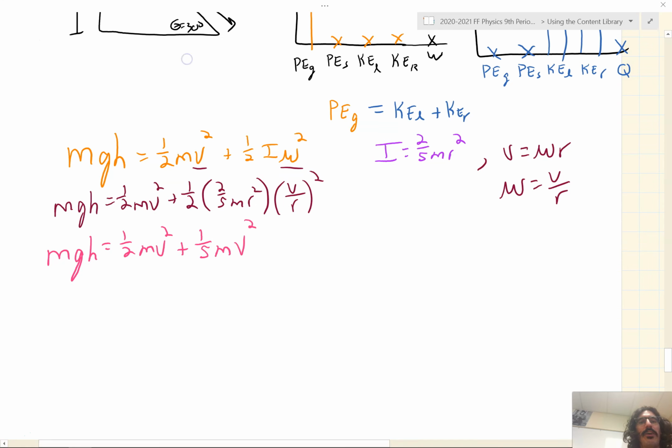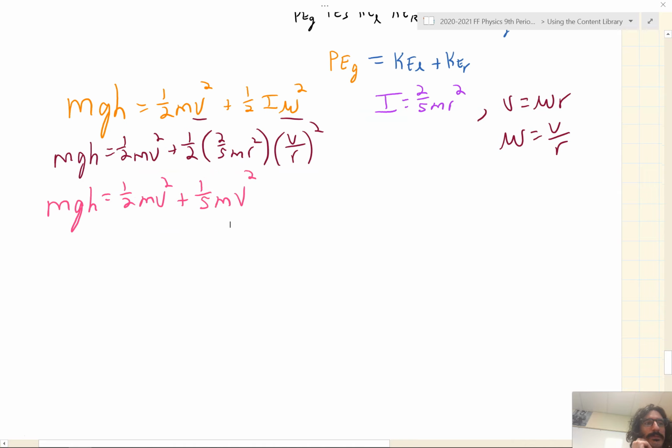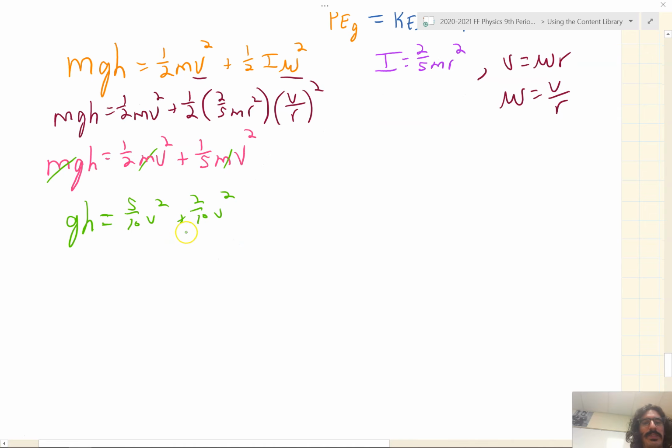And now we don't have any omegas, and we're solving for v, so now we can combine like terms. Before we do that we have an m, so we could get rid of our m's, and now that gives us gh equals, we'll get a common denominator, since we're adding them up. So that will be 5 over 10 v squared plus 2 over 10 v squared. 5/10 plus 2/10 gives us 7/10.